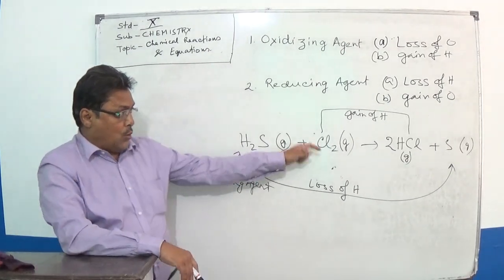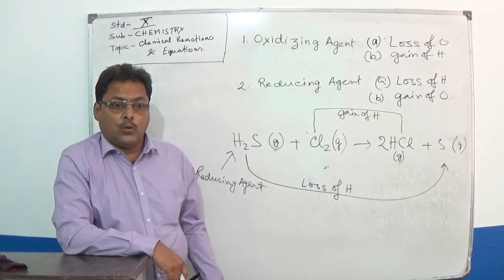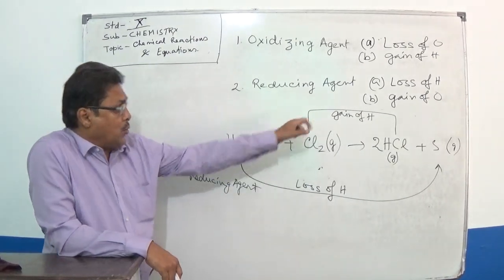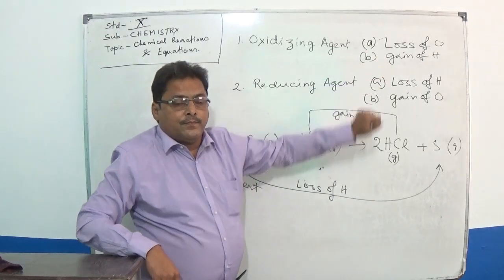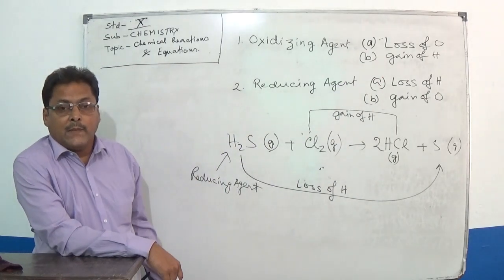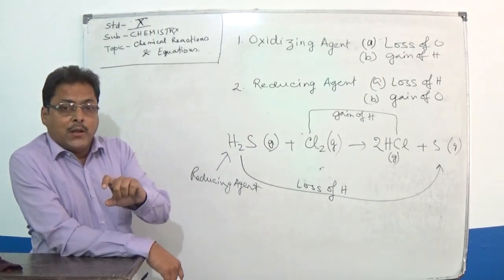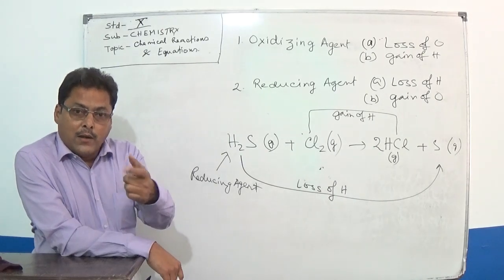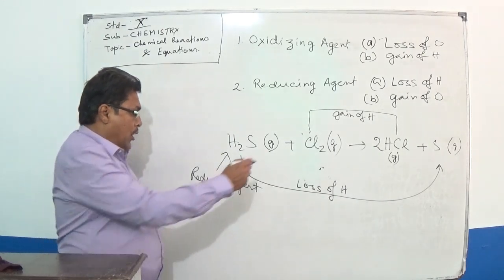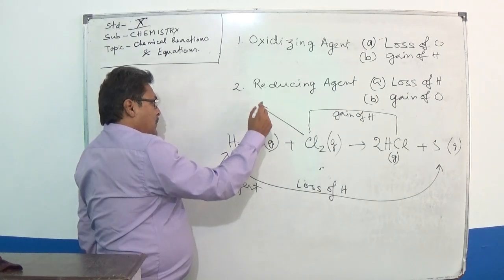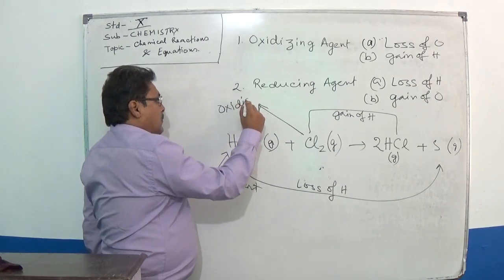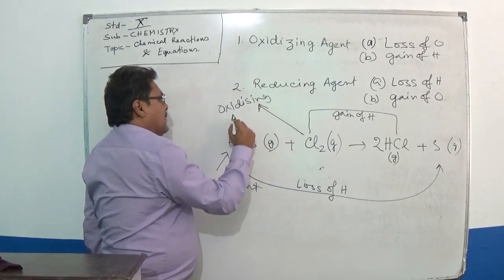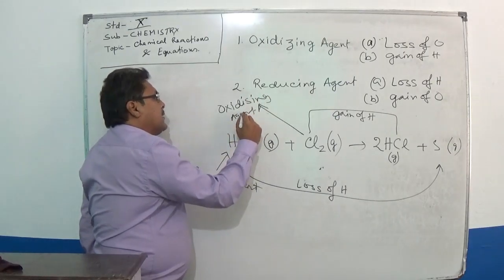And what happened to chlorine? Chlorine gained hydrogen. It has been reduced. It has undergone reduction. So chlorine must have been the oxidizing agent.